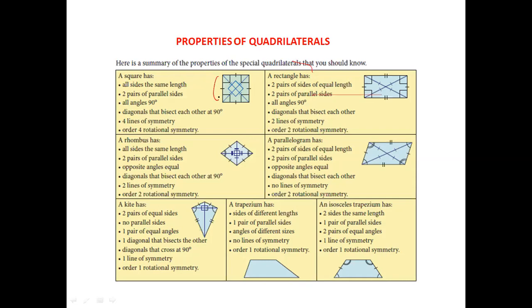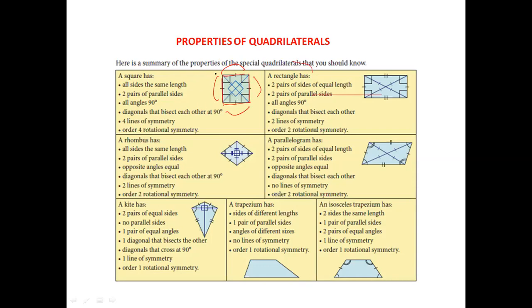Square. All sides are equal to each other. All sides the same length, x centimeters, for example 5, 5, 5, 5. And two pairs of parallel sides. This side is parallel to this side, and this side is parallel to this side.